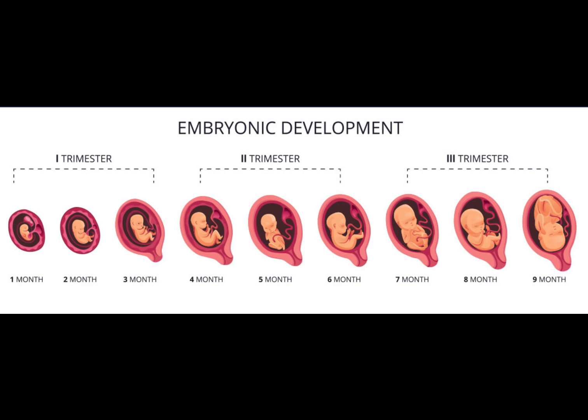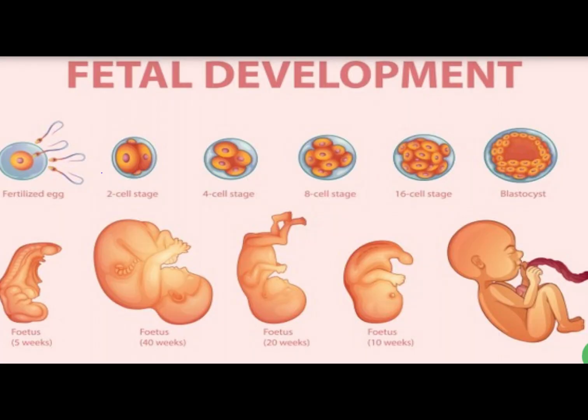The first one is the germinal stage. This germinal stage is the first stage that happens at the date of conception. The second one is the embryonic stage, and the third is called the fetal stage.